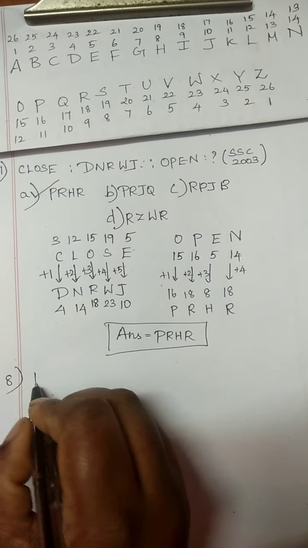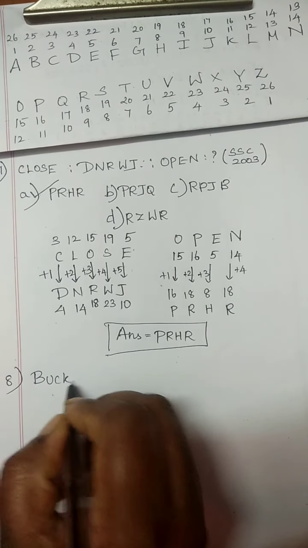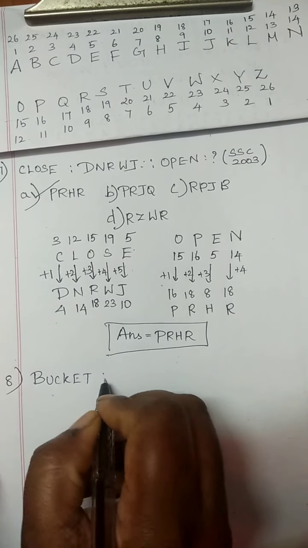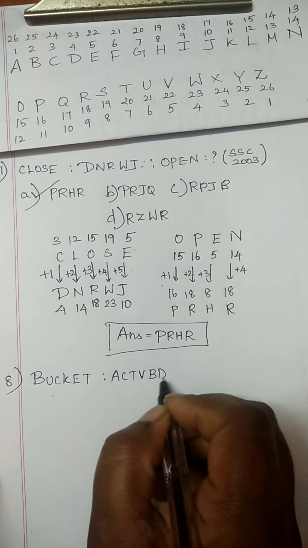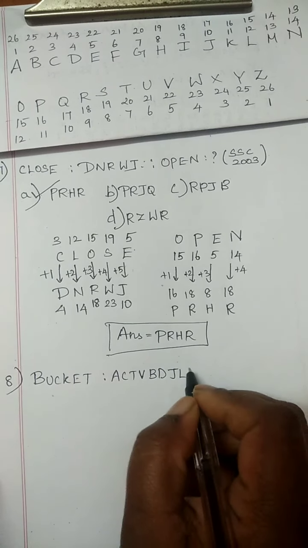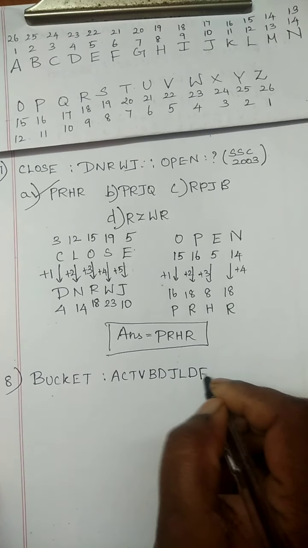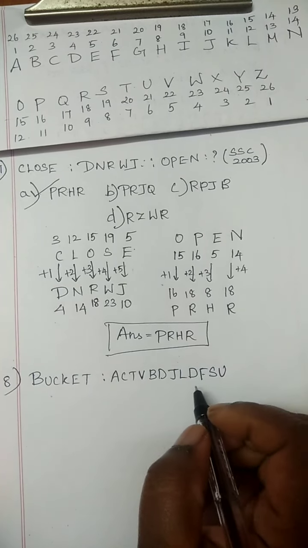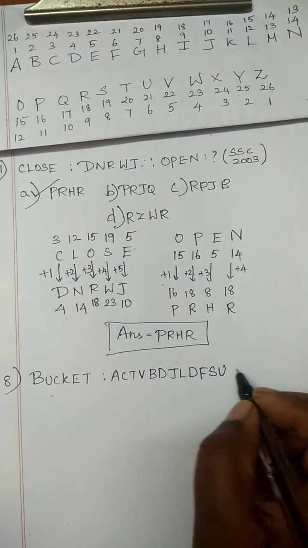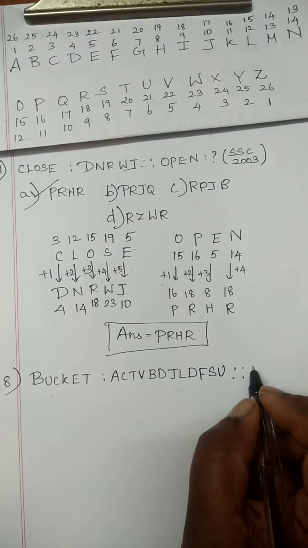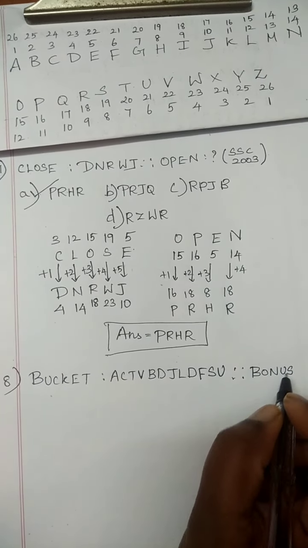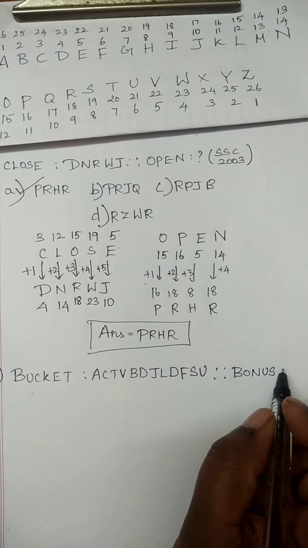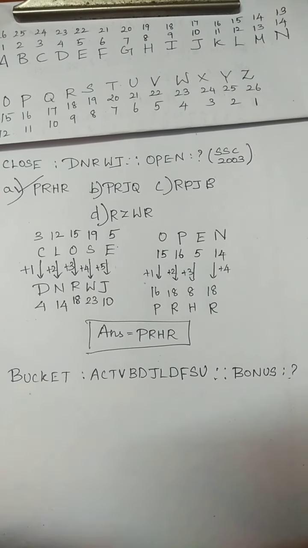The sum is BUCKET is ACTBBDJLDFSU, BONUS is question mark.